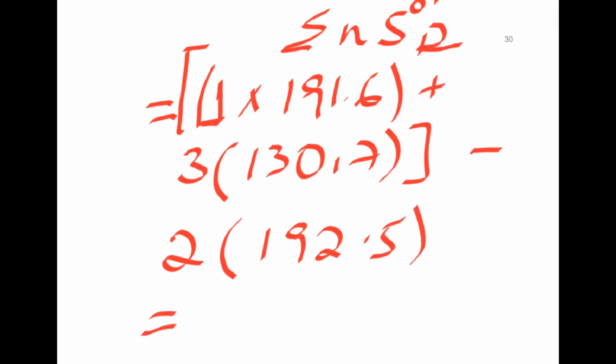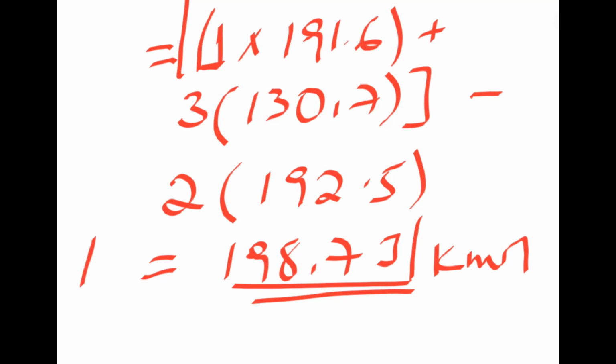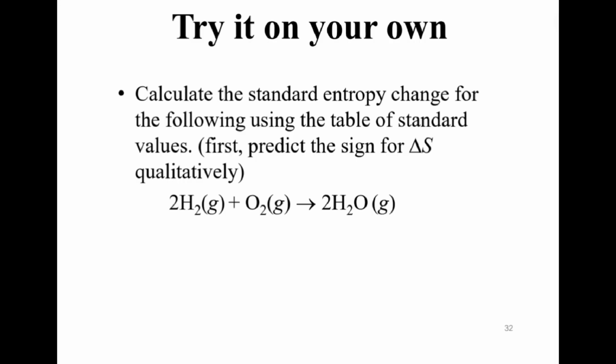Solving this gives 198.7 joule per Kelvin per mole. So this is the change in entropy of the reaction. This is how you calculate it. It's very simple. Write this on your own.